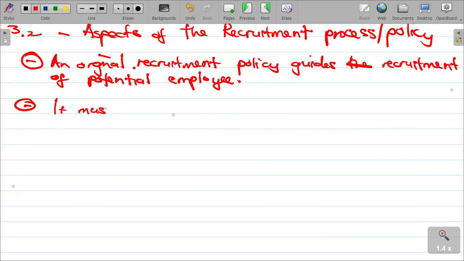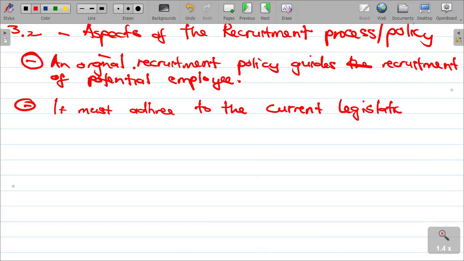The recruitment policy is supposed to be according to the current legislation of the country.